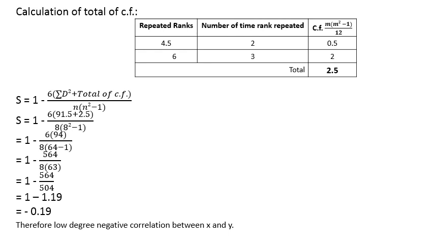That is equal to 1 minus 6 into 94 divided by 8 into 64 minus 1, equal to 1 minus 564 divided by 8 into 63, equal to 1 minus 564 divided by 504, that is equal to 1 minus 1.19. That is equal to minus 0.19. Therefore, there is a low degree negative correlation between x and y.